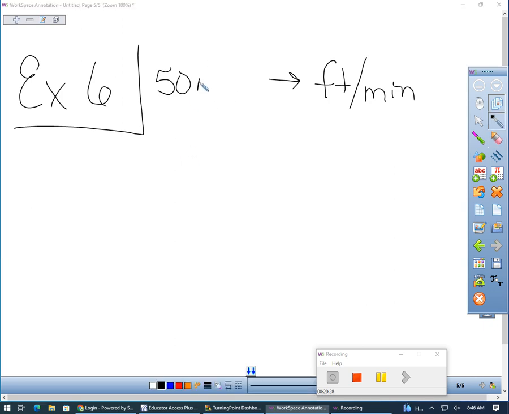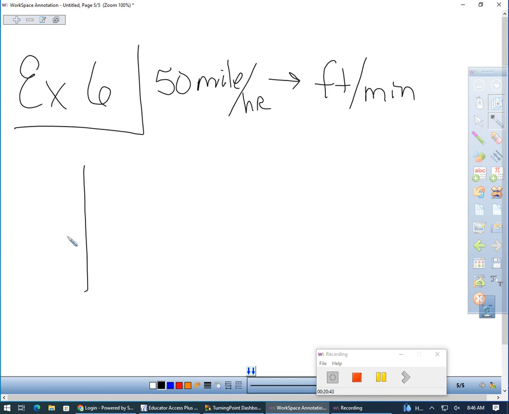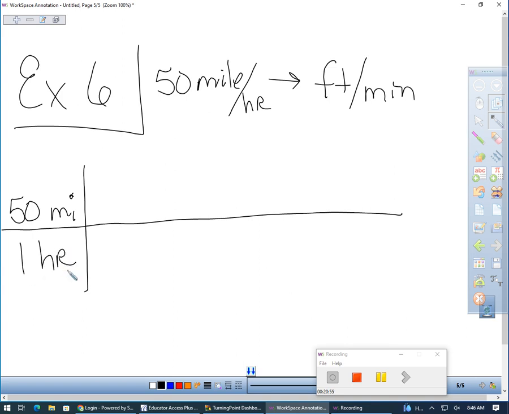I'm going from 50 miles in 1 hour to feet per minute. All right, so we're going from miles to feet, and we're going from hours to minutes, right? All right, so let's go ahead and draw our ladder here. Given information, now we're going to use both of the boxes in the front. We have 50 miles in 1 hour.